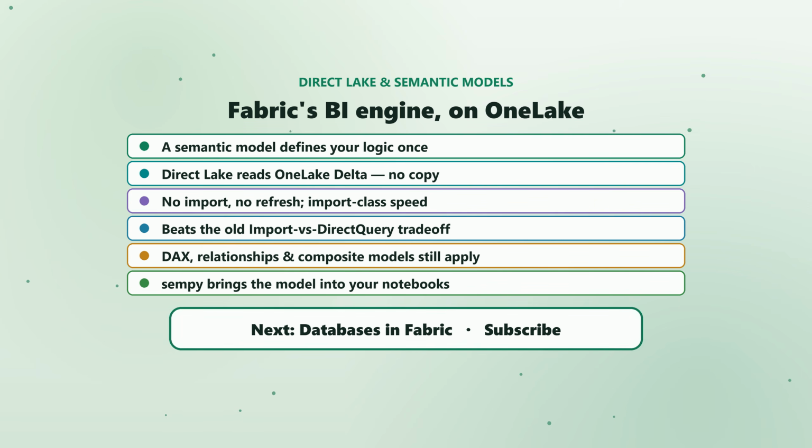Everything you know still applies. DAX measures, star-schema relationships, and composite models when you need to mix storage modes. And Semantic Link brings that same model into your notebooks, so BI and data science share one definition. Best of all, DirectLake reads the very same V-Ordered Delta that your Lakehouse, Warehouse, and Real-Time Intelligence write. One copy of the data, every engine on top of it.